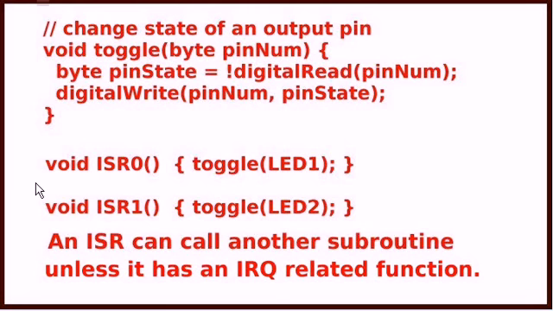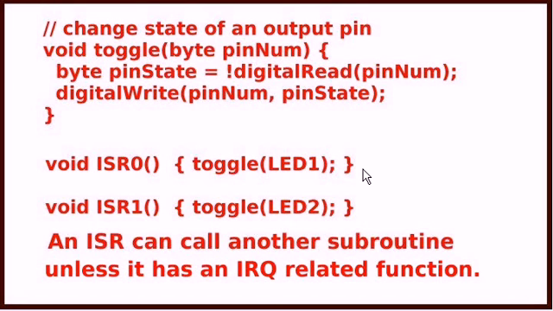Now in this case, I have defined two interrupt service routines. ISR0 is digital pin 2 and ISR1 is digital pin 3. Instead of writing this routine inside of both interrupt service routines, I merely call a separate function or subroutine from the interrupt service routine.